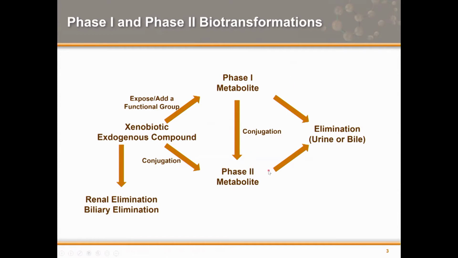But these xenobiotics and drugs can also be conjugated to what is referred to as a phase 2 metabolite. This can be either a direct reaction with the parent drug, or it can be conjugation of a previously formed phase 1 metabolite. And these phase 2 metabolites then are eliminated from the body, either in the urine or in the bile.